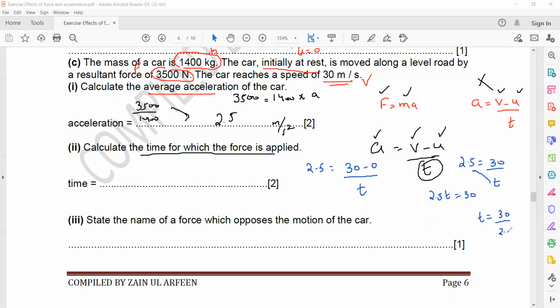So 30 divided by 2.5. That will be 12 seconds. So this force is acting on the car for 12 seconds.